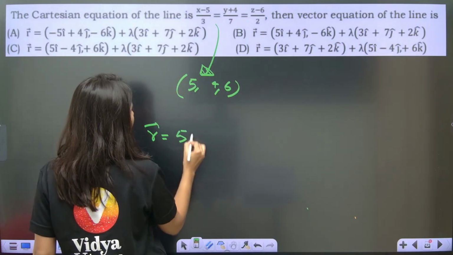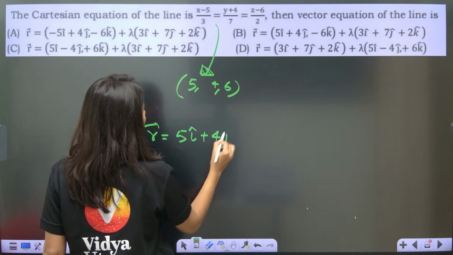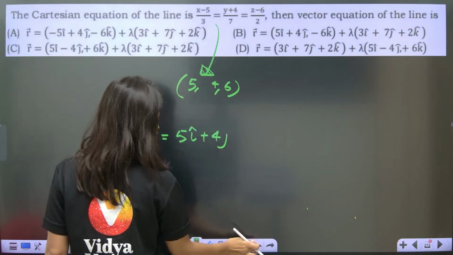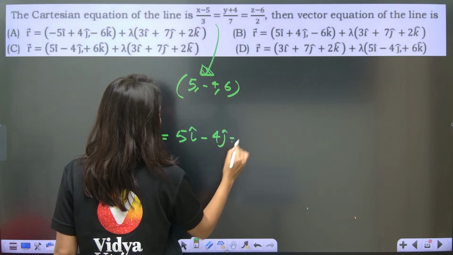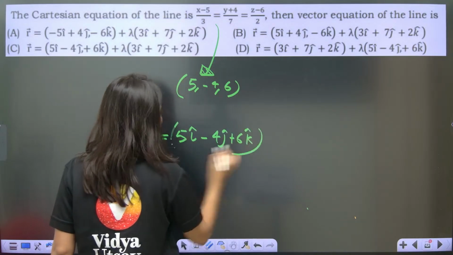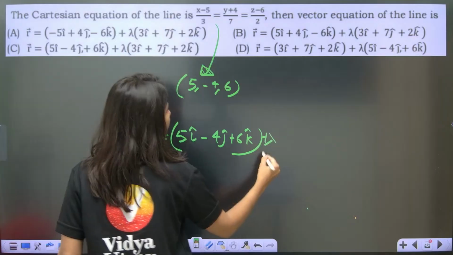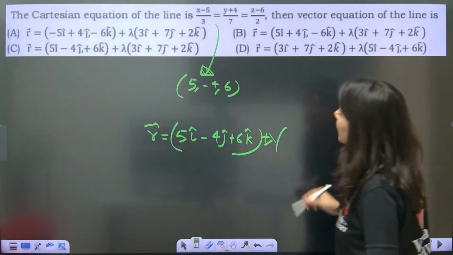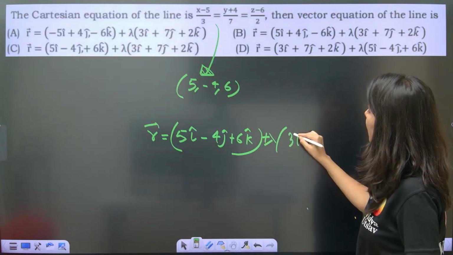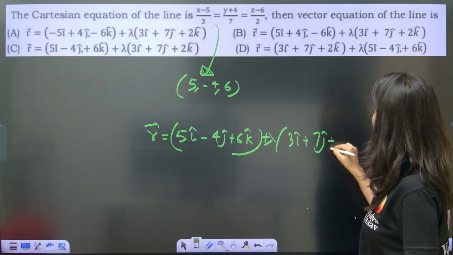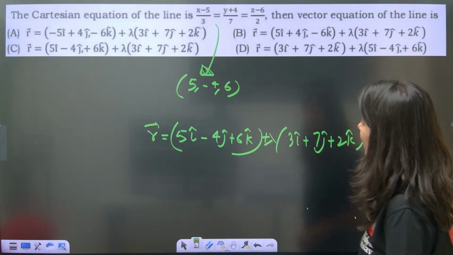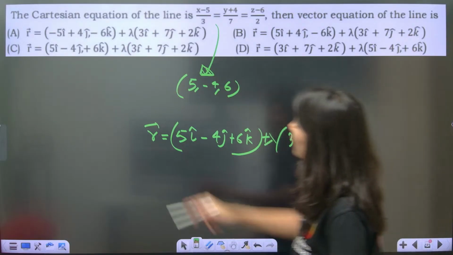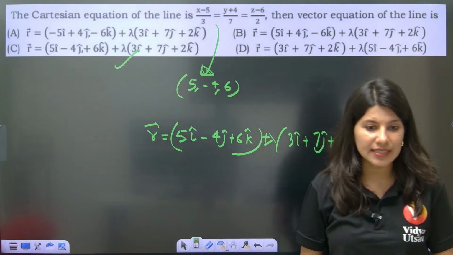So it should be point first: 5i minus 4j plus 6k. Then plus lambda times direction. Lambda times direction is 3, 7, 2: 3i cap, 7j cap, 2k cap. That's it. One-liner question. So 5, minus 4, 6, 3, 7, 2, sitting in option C.